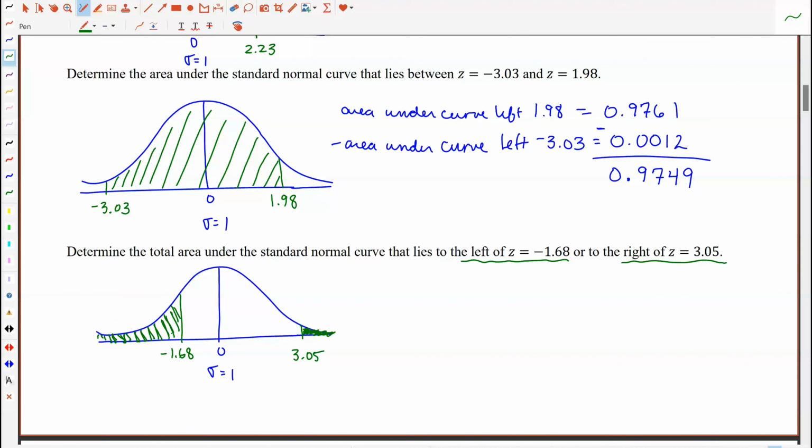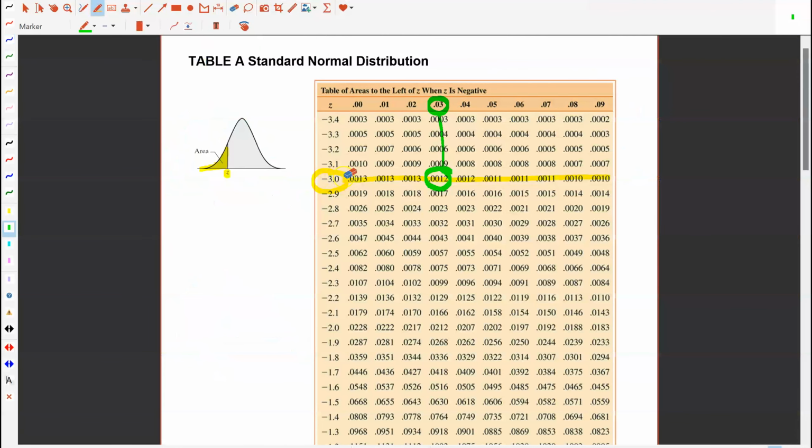All right, so our game plan then is we're going to first find this guy's area. So the area that is to the left of negative 1.68. Our table is beautiful to give us area to the left. So negative 1.68, we come back over to our table.